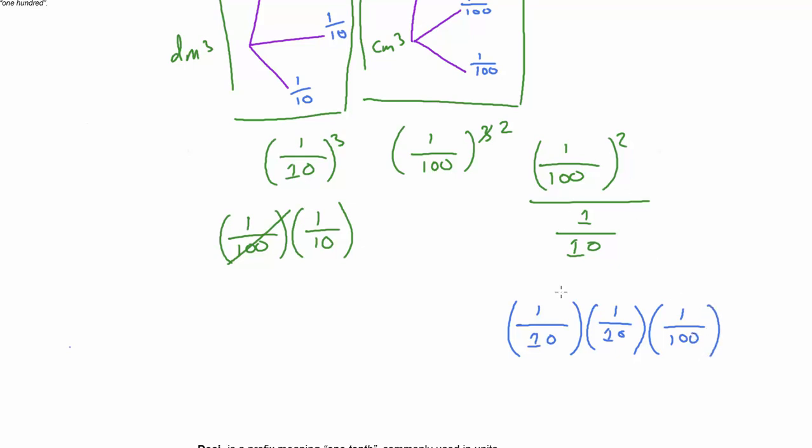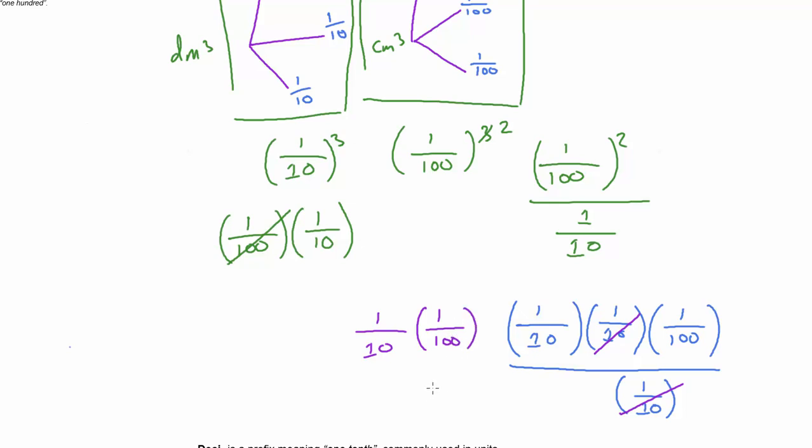So if we then divide this by 1 over 10, we very clearly see that we can cancel this out. And so we're left with 1 over 10 multiplied by 1 over 100. And so if you multiply this together, what do we get? We get 1 over 1,000.